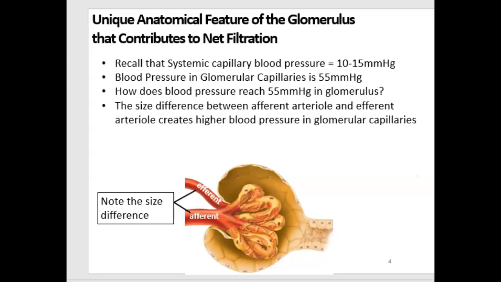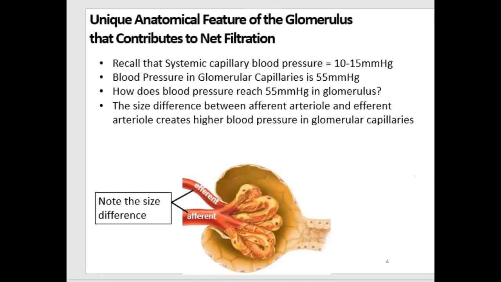If you look at this diagram, you see that the afferent arteriole has a wider diameter than the efferent. So there's a wide inlet for blood, but a narrow outlet for blood to move through the glomerulus. This slows blood flow and creates a kind of backup blood pressure. And so there's really high pressure in these particular capillaries, not in systemic capillaries though.